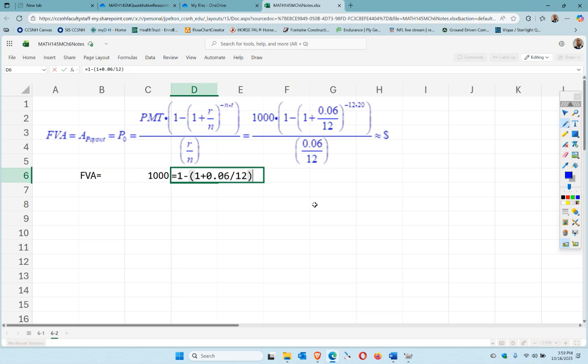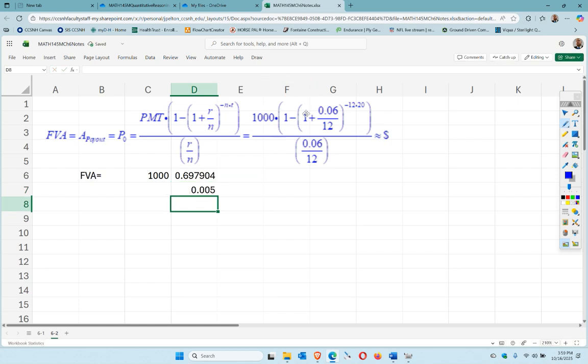And then that's the power of negative 12 times 20. You can also just do the negative 240 if you want. If that's up to you. And then over here, we're going to do the 0.06 divided by 12, right? So I have the 1,000, I have this part, and I have this part in 3 different parts, right?